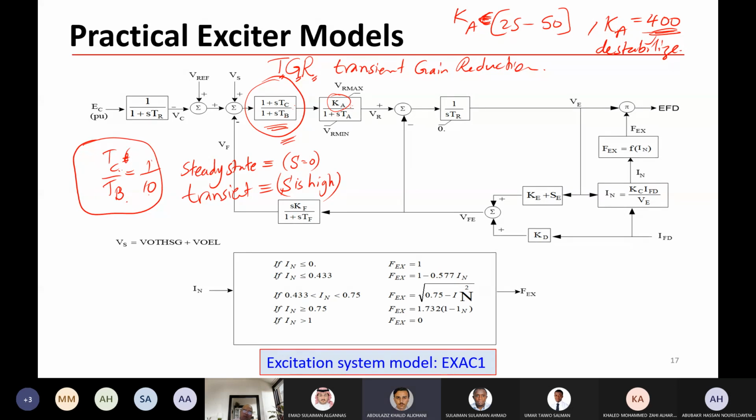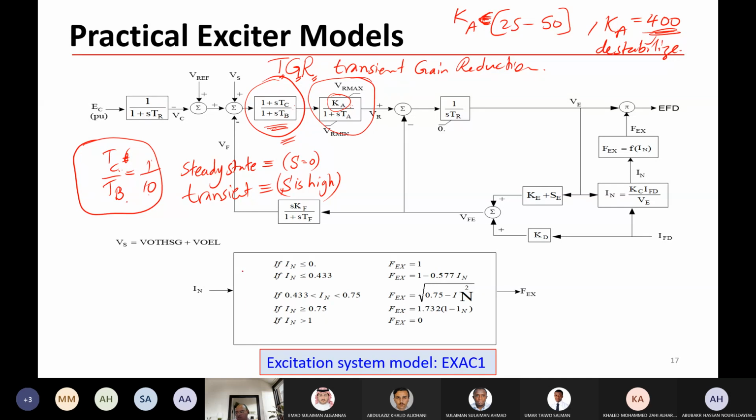No, we are talking about the stability of the system, not the voltage regulation. Okay, this is the voltage regulation. Voltage regulation comes here. The impact of this block will appear when we have a disturbance in the system, when we have a fault, for example, a three-phase fault or whatever the type of fault, a sudden change in the load, or a sudden change in the system configuration.